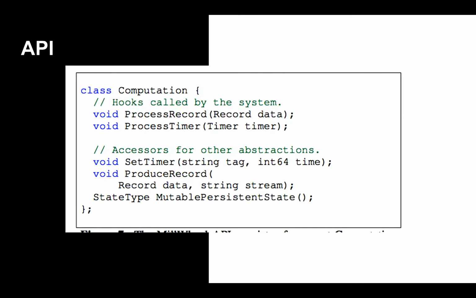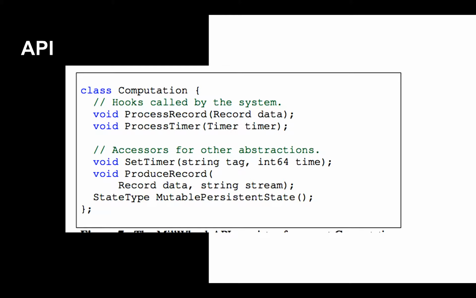So next we move on to some of the API to design a computation node, or basically to handle a record. And I think this is actually valid C++ code, which shouldn't be too surprising because Google is known to have a fair amount of C++ code running in their infrastructure.